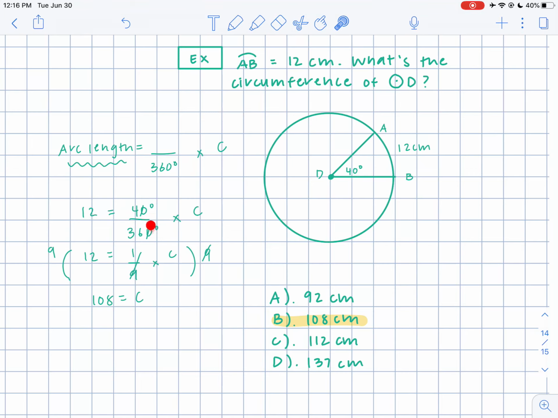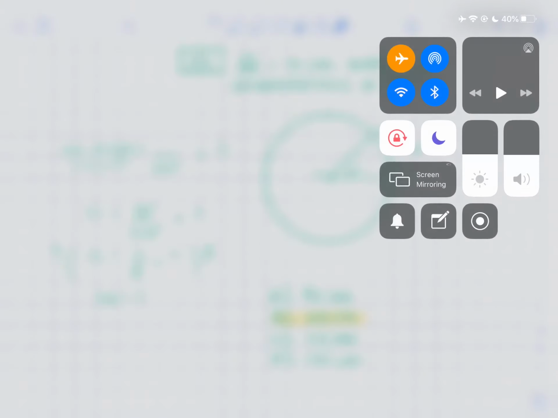So that's why we used 40. That's where the 40 came from. And this 360 is the entire circle. And we divided 40 by 360 because we wanted to know how much of the circumference is made up by the minor arc AB. And because we did that, then we were able to solve for the circumference.